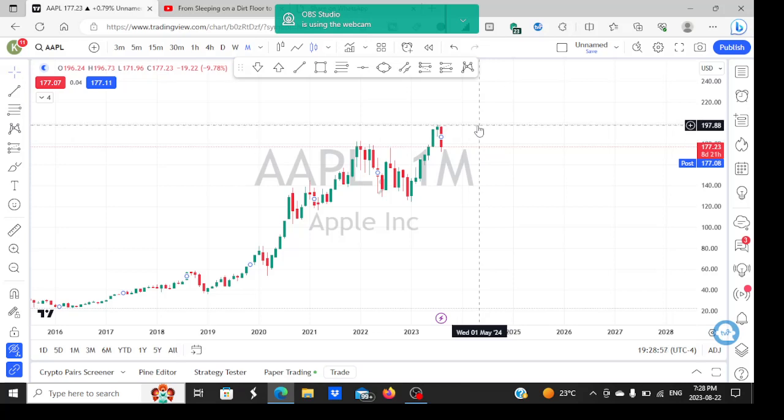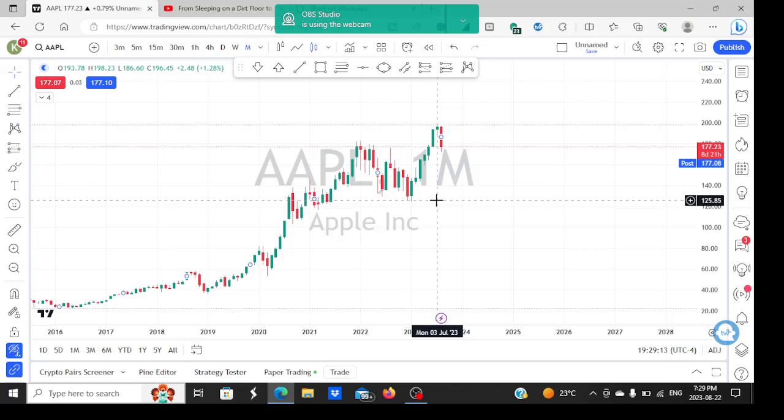Okay, Apple has reached its 200 limit, and now all the big banks are selling. So they might sell all the way down to this level, which is 140, maybe all the way to 125. We'll have to watch. So that's the story of the candle.